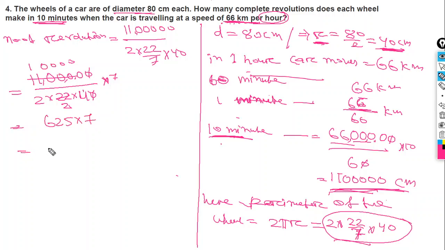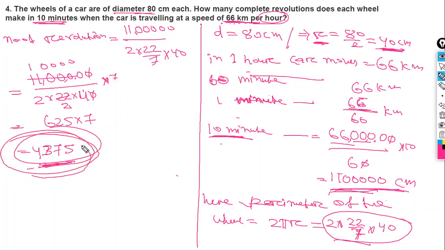Then please multiply it, and it will be equal to 4375. So this many revolutions the wheel will make in 10 minutes. So this is your answer.